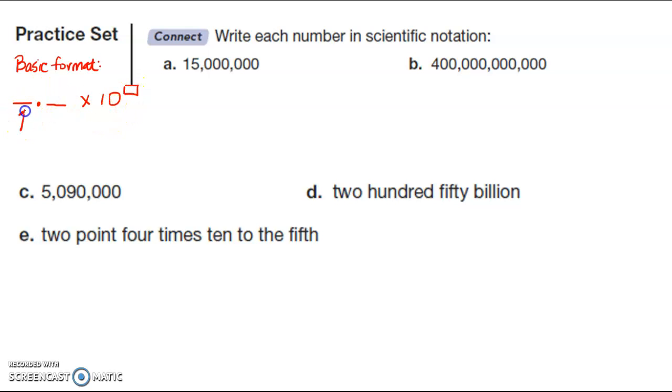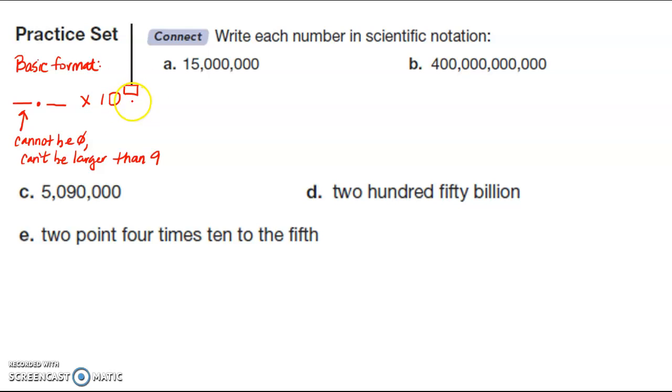This number cannot be zero, and it can't be larger than 9. So something between 1 and 9. You can have as many decimals behind this as you need, and this number can be positive or negative.